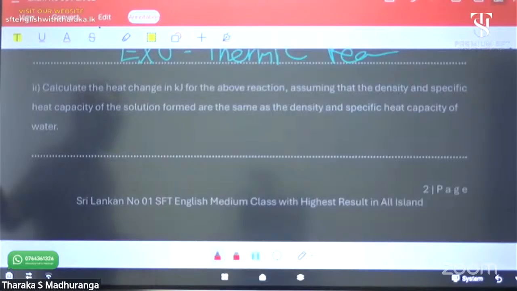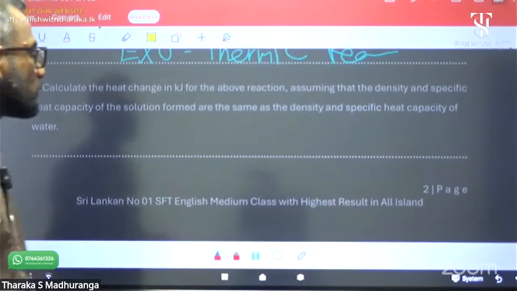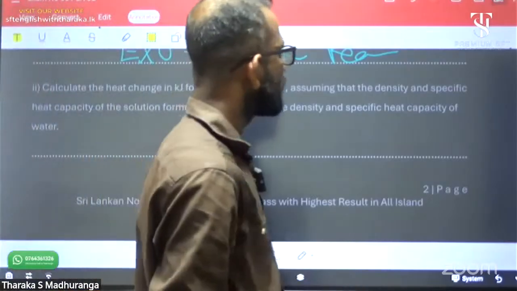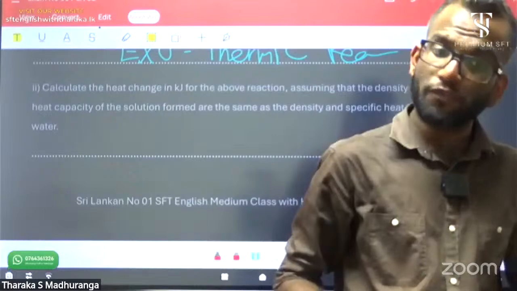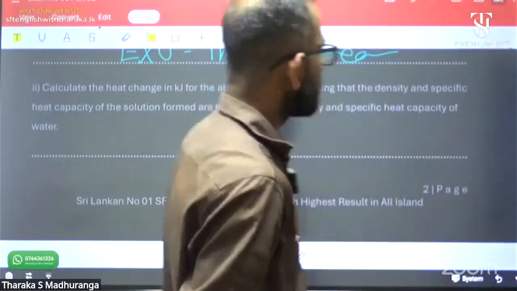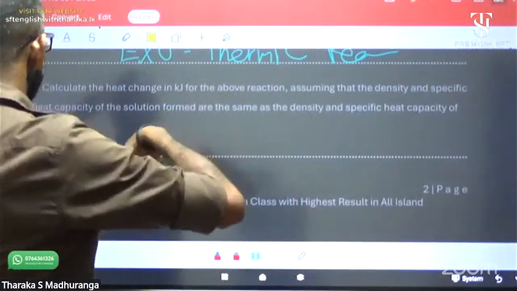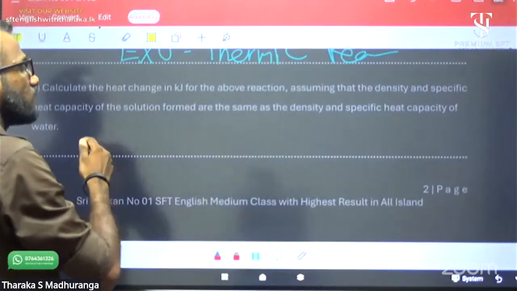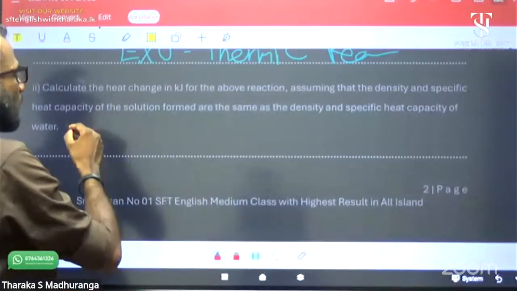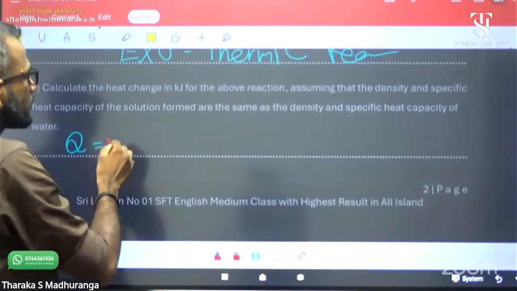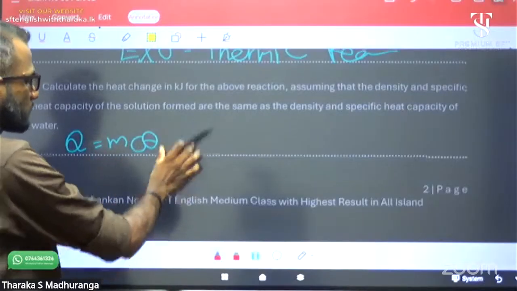Calculate the heat change in kilojoules. For the above reaction, assuming that the density and the specific heat capacity of the solution are the same as density and specific heat capacity of water. That means releasing heat, Q equal mc theta is the equation, right?